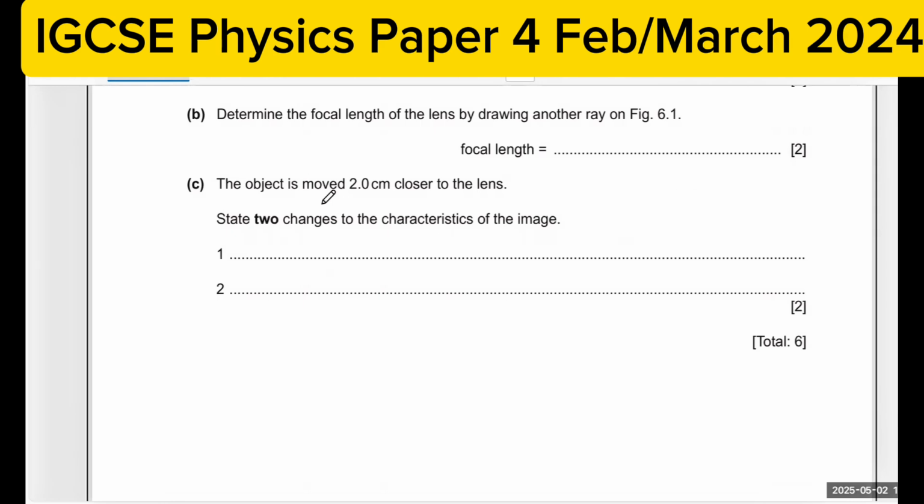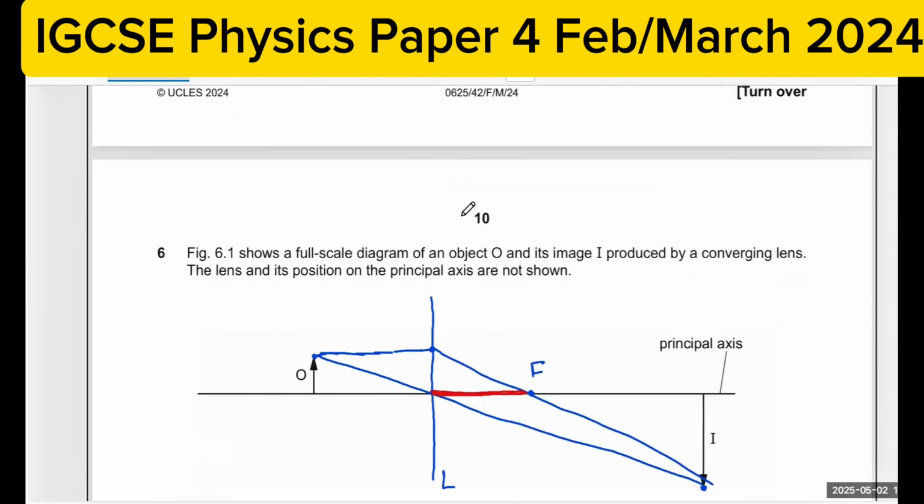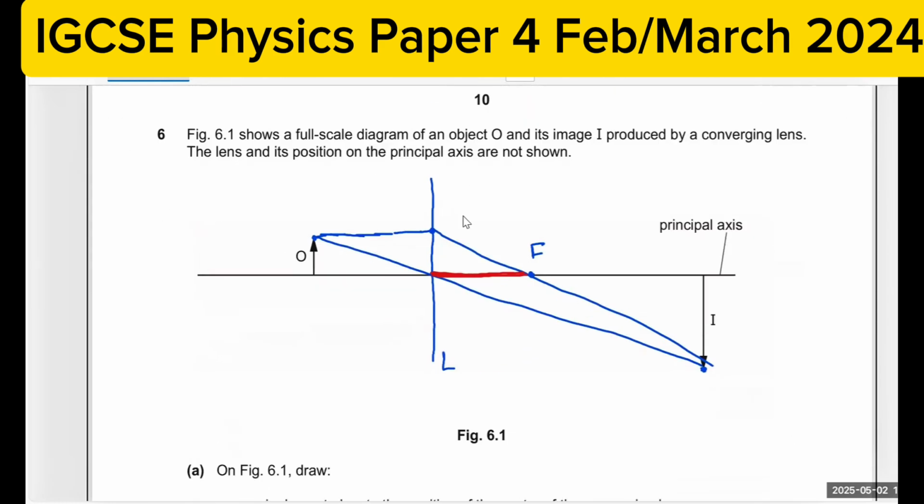Okay, the object is moved 2 centimeters closer to the lens. State two changes. So obviously if I draw the focal length on this side, because the focal length on each side is equal, so this is a principal focus as well. So when we move the object towards the lens by 2 centimeters, what happens? The object will be on the focal length, and when the object is on the focal length, the image will change.